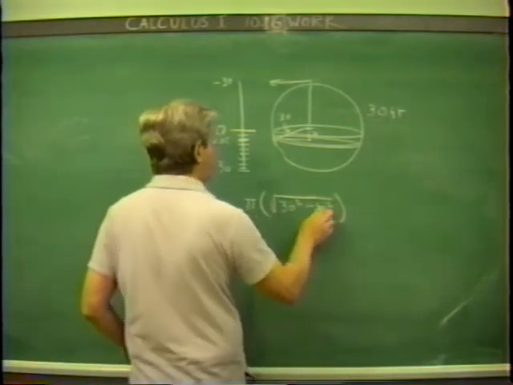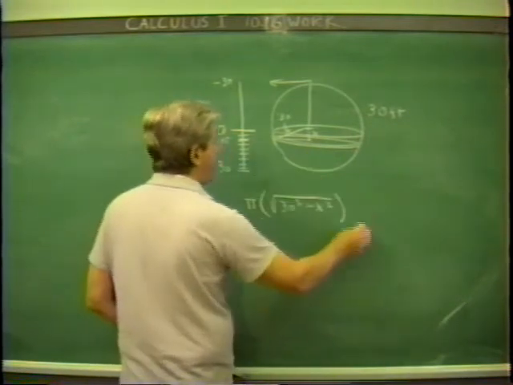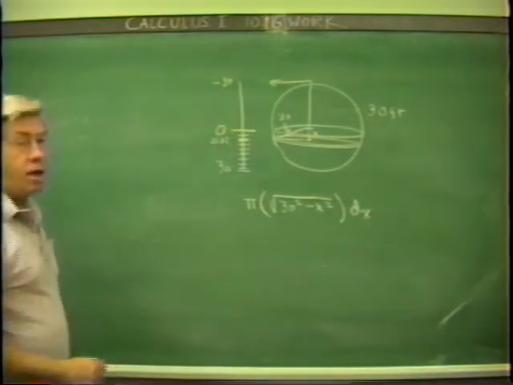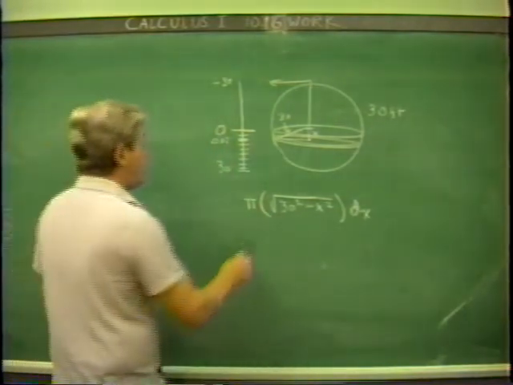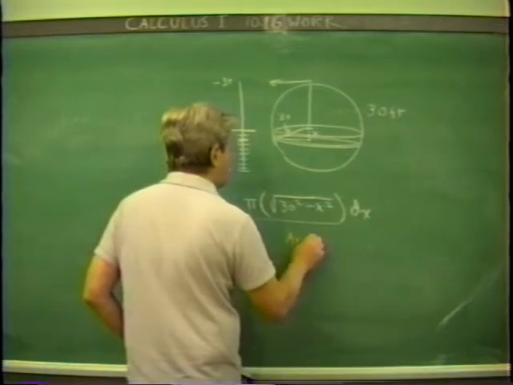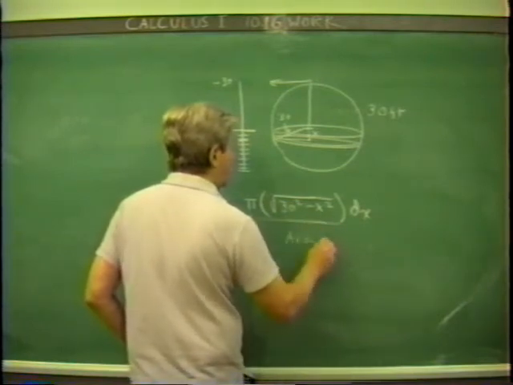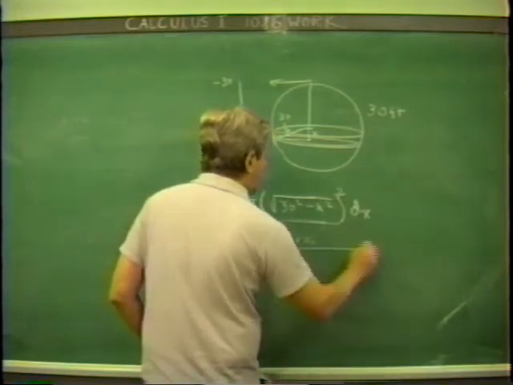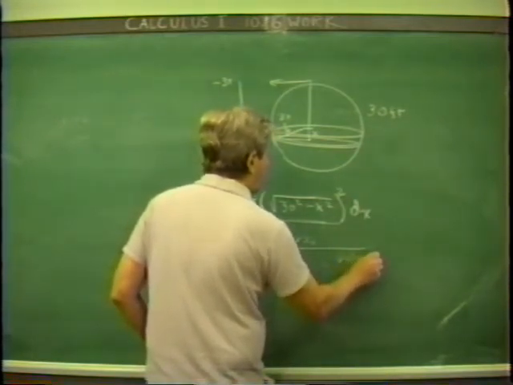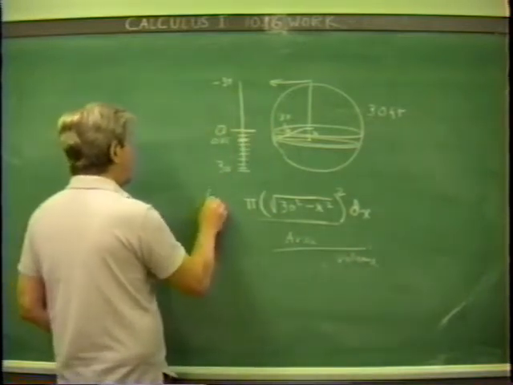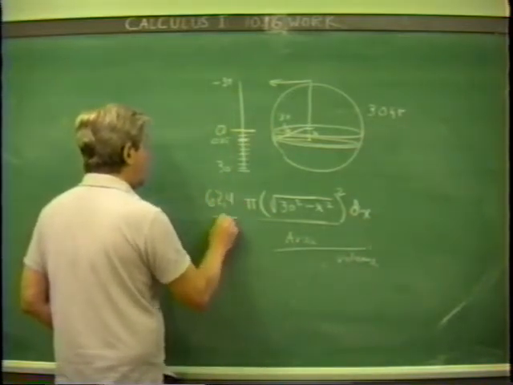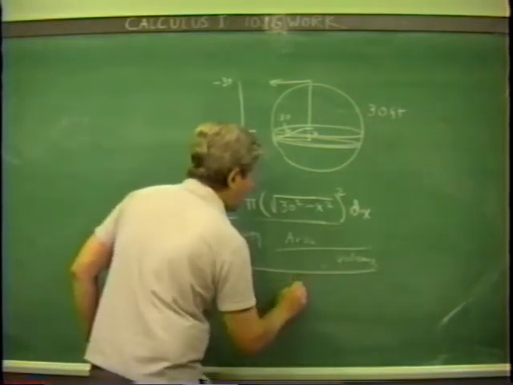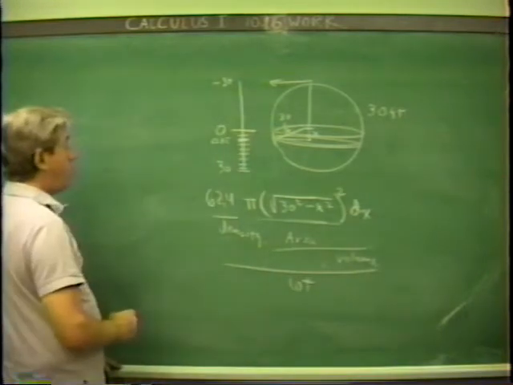It's going to be the radius of the circle at x. So pi times this squared is going to be the cross-sectional area at x, times dx, originally delta x, is going to give you the volume. This is the radius here, right? This squared is the area, times dx is the volume, times 62.4, the density.